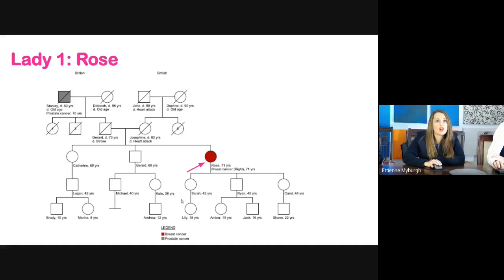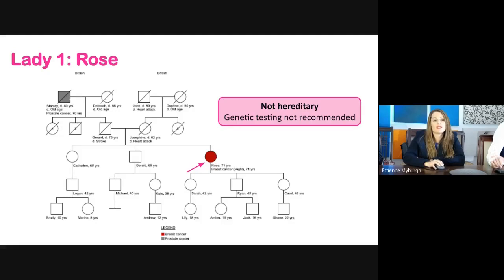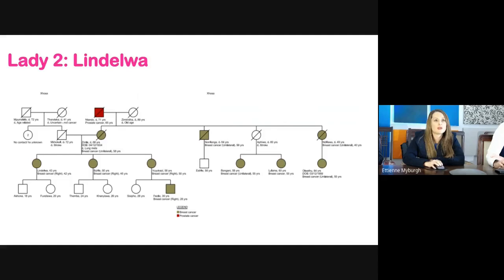And you'll see there's no one else in the family who's had breast cancer at all. But there is a family member up here, her paternal grandfather, her father's father, who's had prostate cancer.